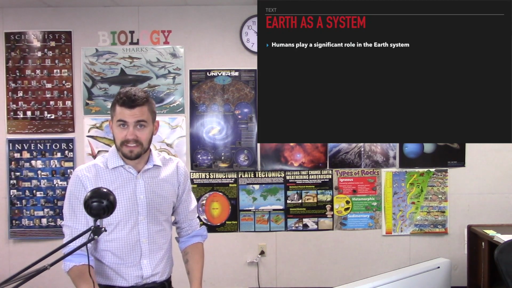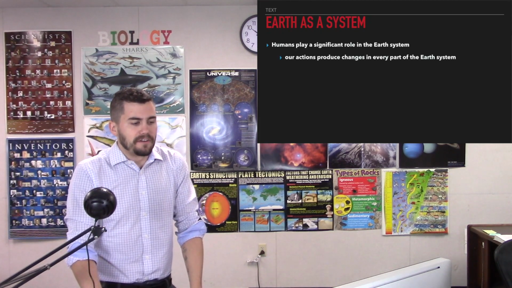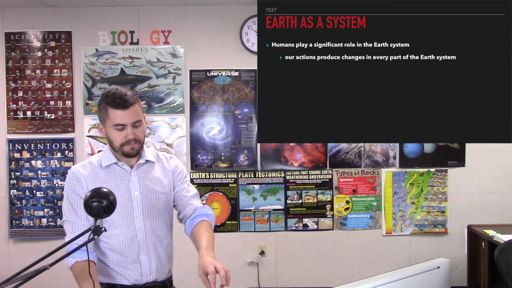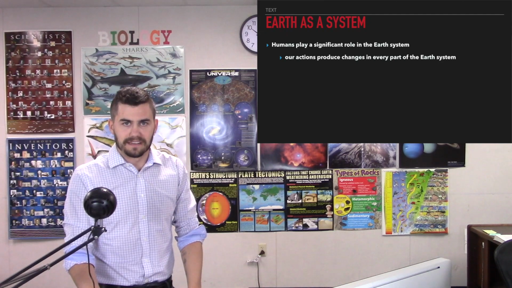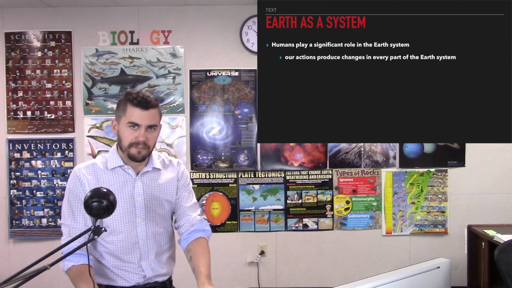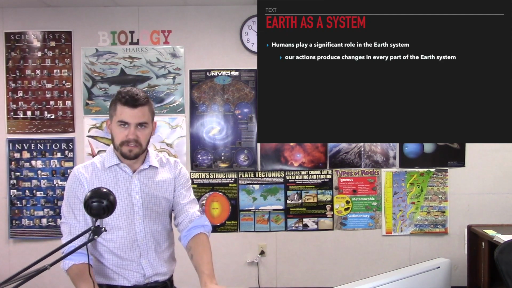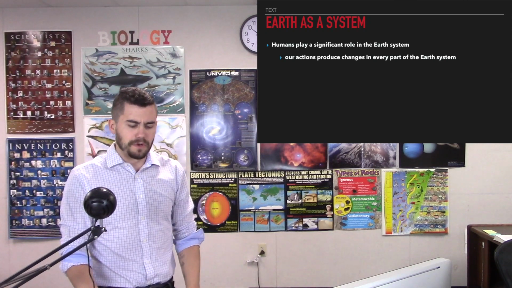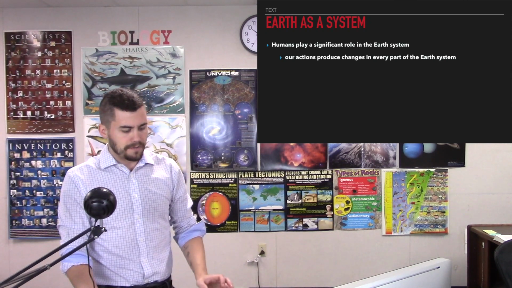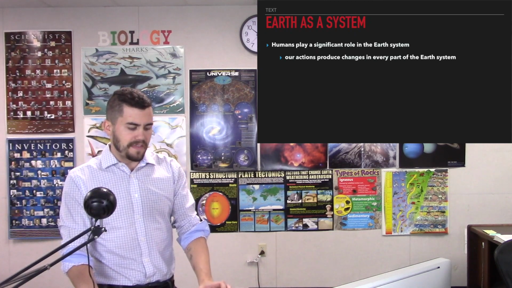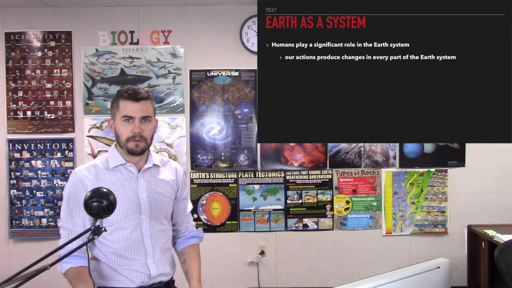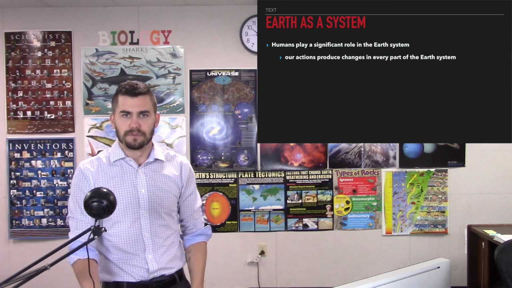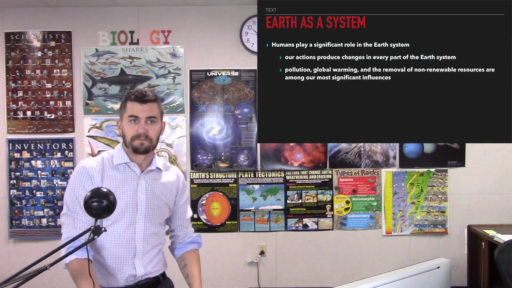Getting back to humans here, so we play a very significant role. Every single part of the planet is influenced by human activity. I would say we have the least influence over the geosphere. It's hard to say which one we have the most influence over. Probably the biosphere, and then I would perhaps argue that the hydrosphere is the one, we affect that more directly than the atmosphere, actually.